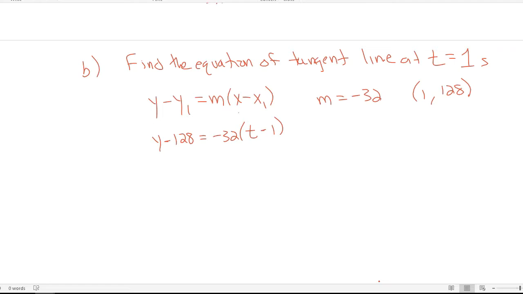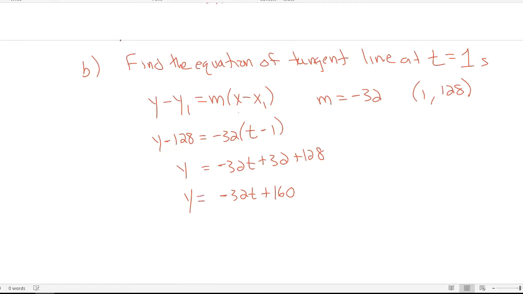So let me go ahead and distribute here. I'm going to have negative 32t, and then negative times a negative is positive 32. And then the 128 I'm going to add to the other side as well. So if I take 128 and I add 32, I get 160. So here is the equation of the tangent line.